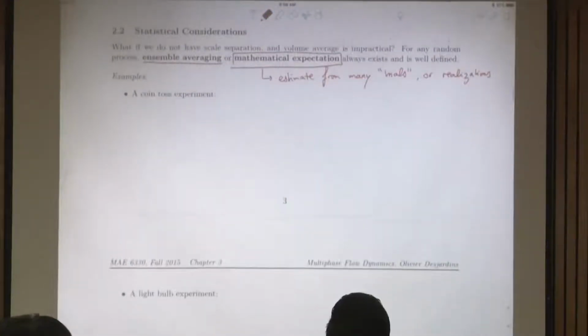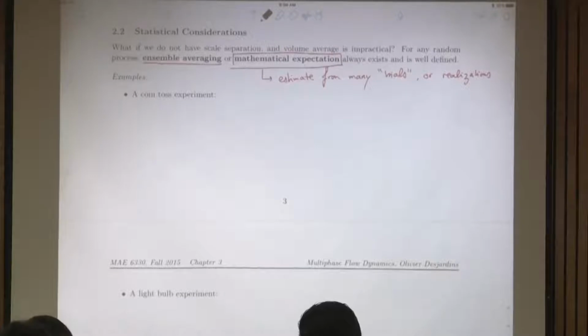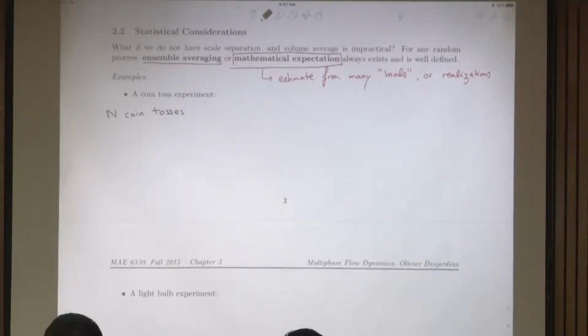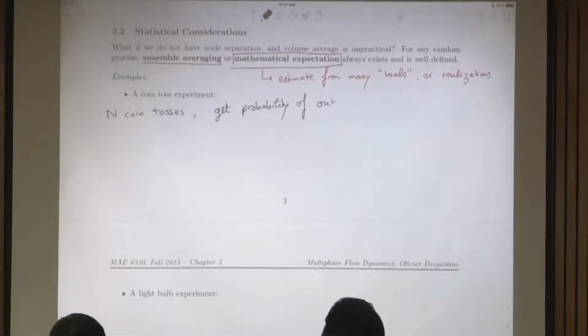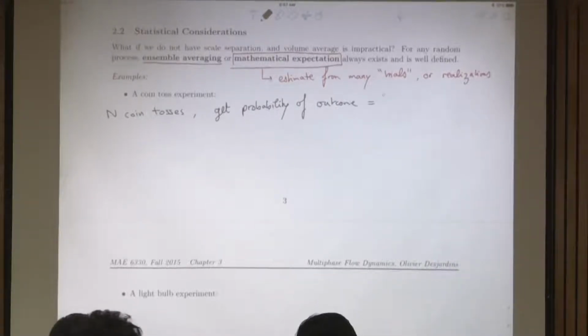Sorry, I removed that. As soon as we can, we'll do a couple of simple examples, but it's not particularly exciting. This is something that should be clear. If I toss a coin n times, I can get the probability of the outcome being equal to head, say, and I'm going to call this probability P sub h for head.